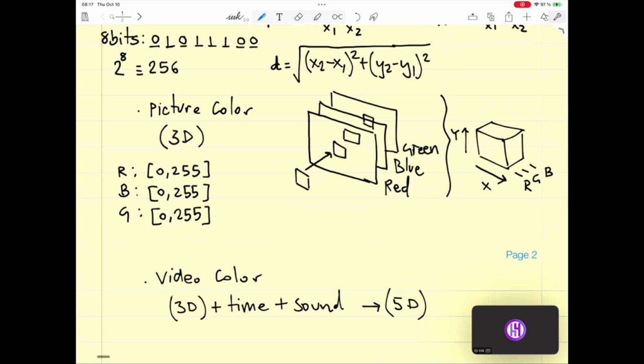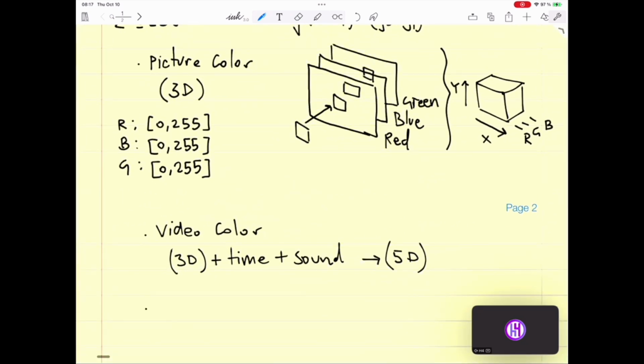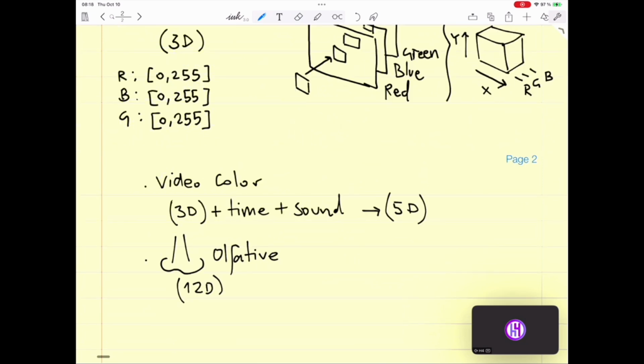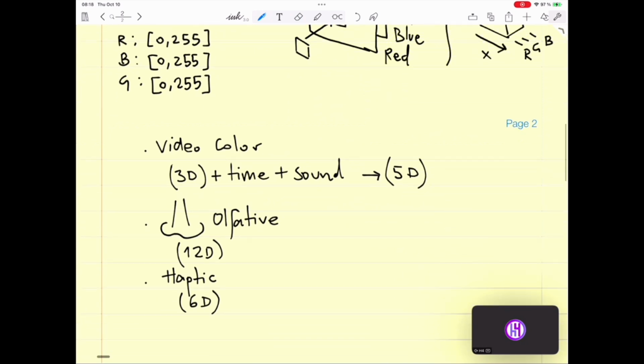If you have olfactory data, like a nose, it's usually around 12 dimensions. If you have data from haptics, like imagine you're programming a robot, you get data from your haptics. Haptics is around 6 dimensions, and so on, okay?